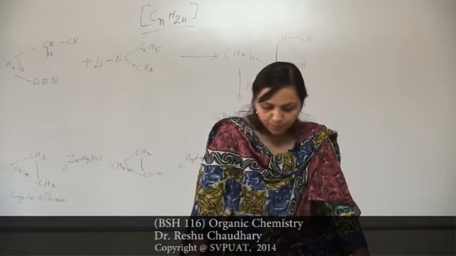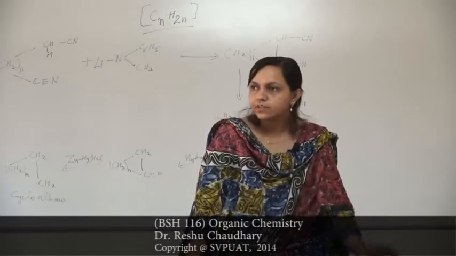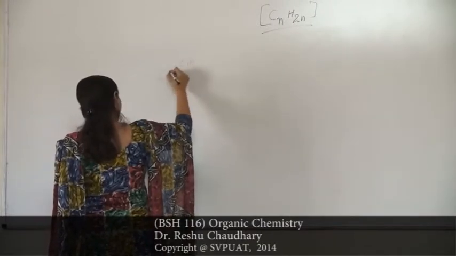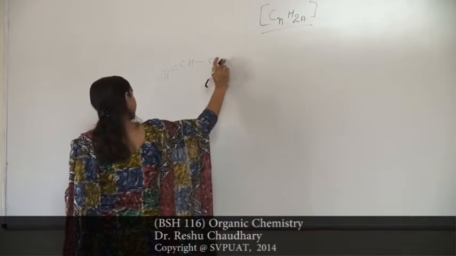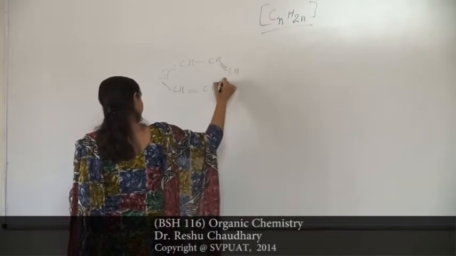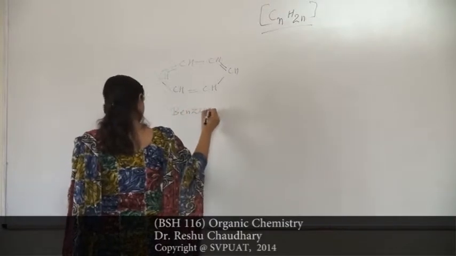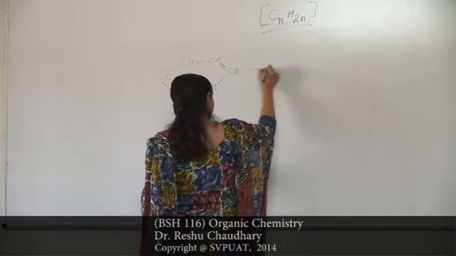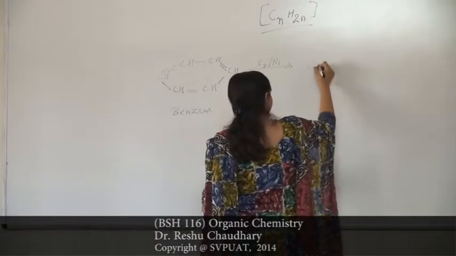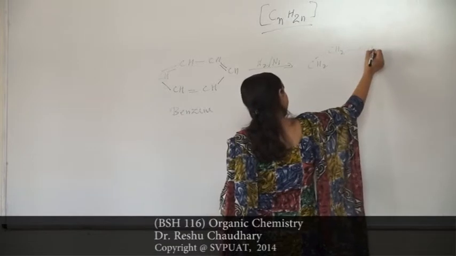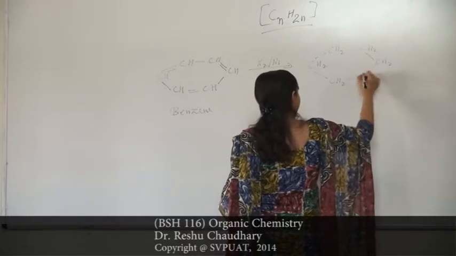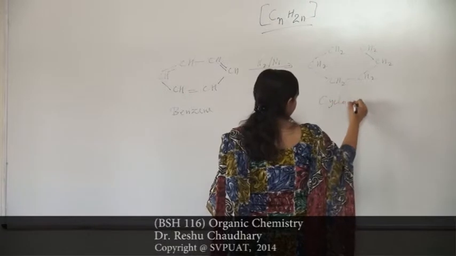Cyclohexane and its derivatives may be prepared by the reduction of benzene and its derivatives, and the reaction will be, this is the structure of benzene, reduction will take place and then forms cyclohexane. This is the cyclohexane.